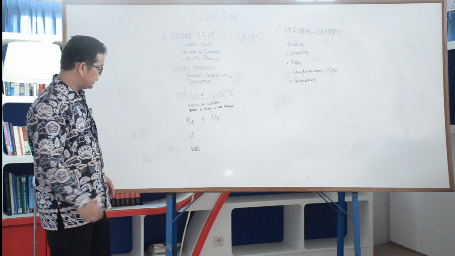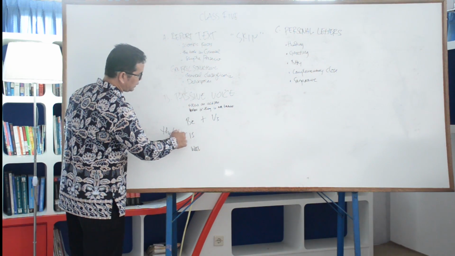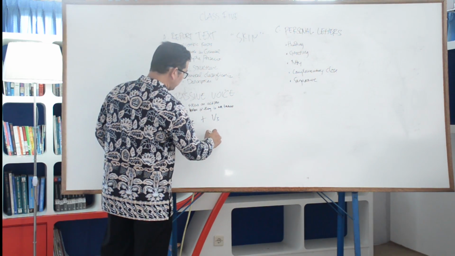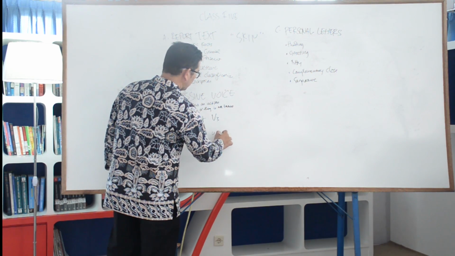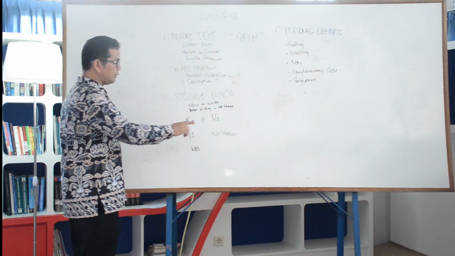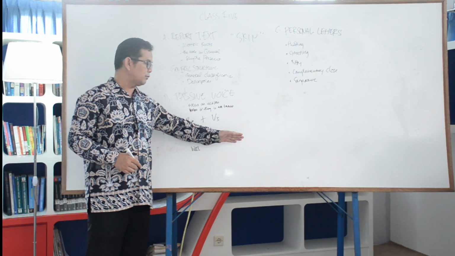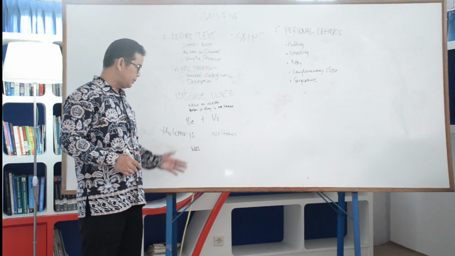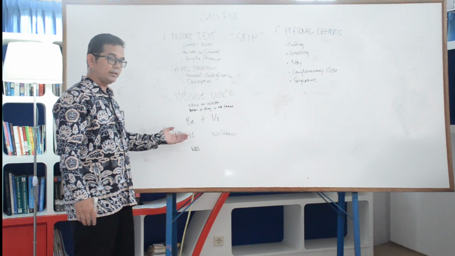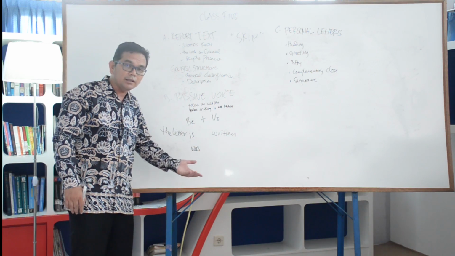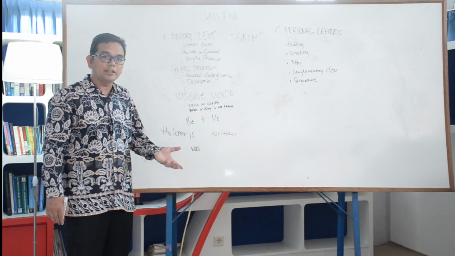For example, the letter is written. Write is verb 1, wrote is verb 2, written is verb 3. The letter is written. Here we did not write the subject or the person, because maybe the person is not important or not known. The main thing is the letter is written. The meeting is held. The lesson is explained.